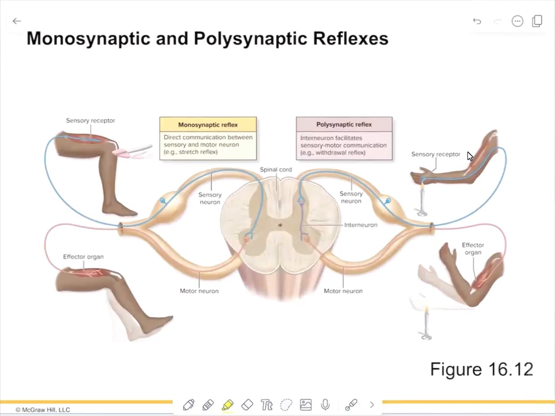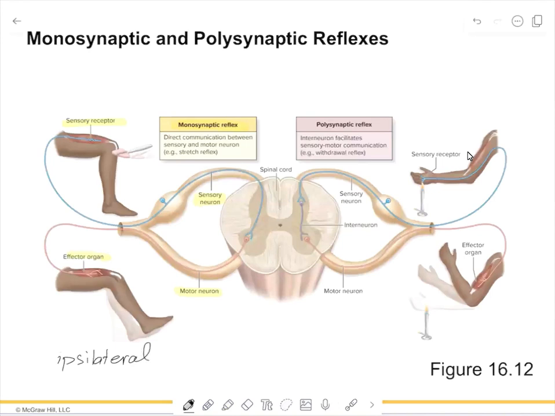monosynaptic and polysynaptic reflexes. In the example of the monosynaptic reflex, we see the sensory receptor, the signal traveling to the central nervous system via a sensory neuron, the interneuron in the spinal cord, followed by a motor neuron, which is taking that information back out to an effector organ, which is on the ipsilateral side.